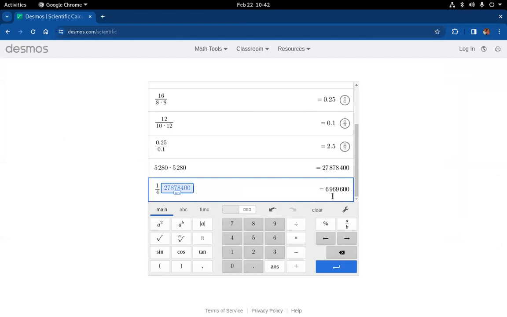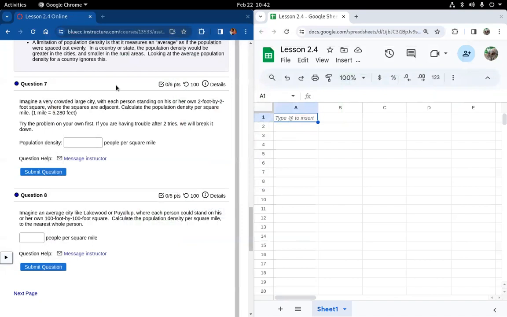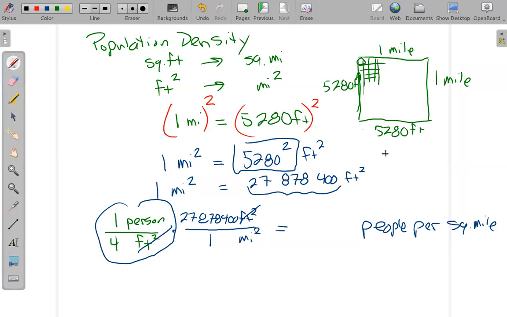So that gives me that there would then be 6,969,600 people per square mile. Whoa, that's a lot of people in a square mile. So what we've just calculated is, let's write it up here, 6,969,600 people per square mile.